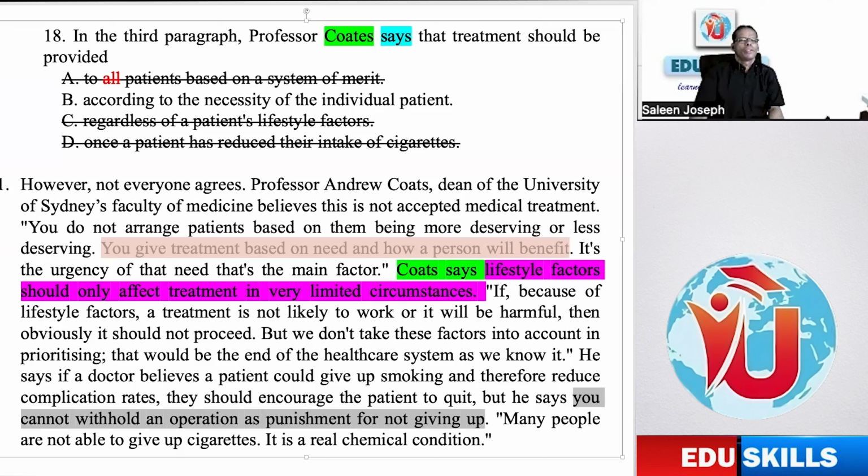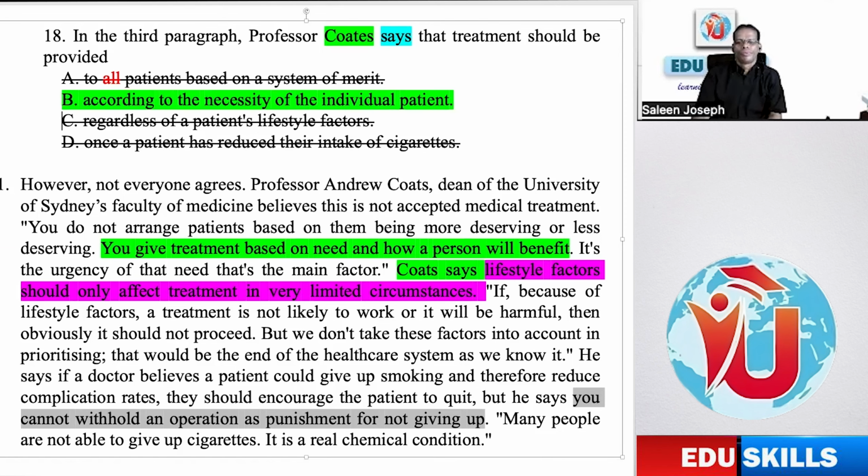Do you see a paraphrasing of that option? You should give treatment according to the necessity of the individual patient. Based on the need means based on the necessity. Synonym. Got it?